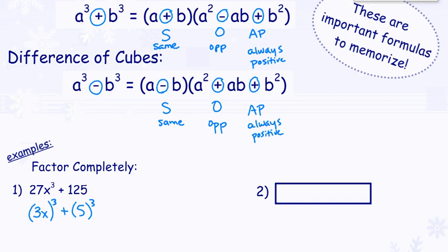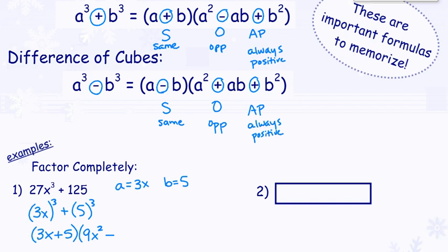So you could think of 3x as your A, and you could think of 5 as your B, and use those in the factoring formulas that we have written above. So the first factor will be A plus B, and that is 3x plus 5. And the second factor will be A squared, so square the 3x, that's 9x squared, minus for the opposite sign.